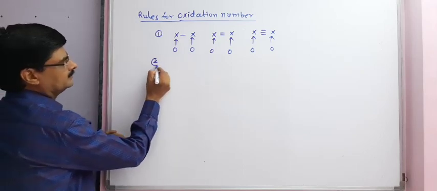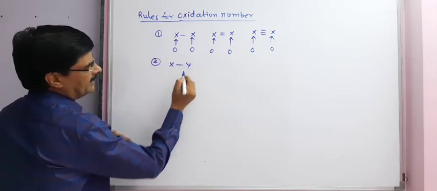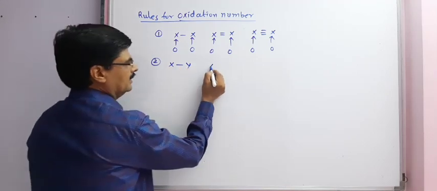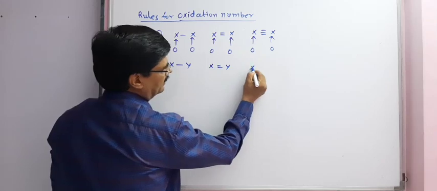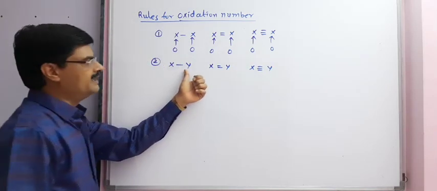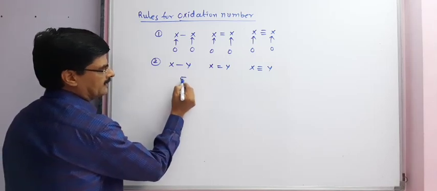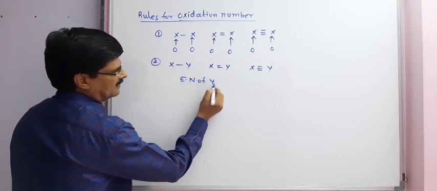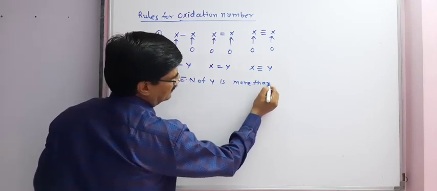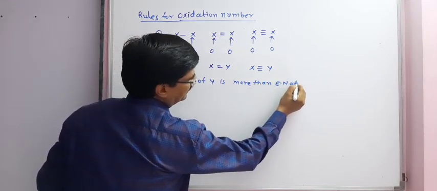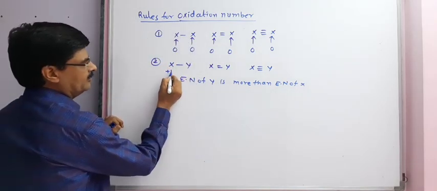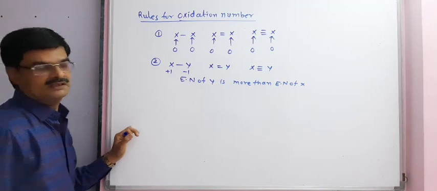Second point, if we have an X covalent Y bond, meaning a single covalent bond, X double bond Y and X triple bond Y, say the electronegativity of Y in all three cases is more than the electronegativity of X. Then X will get positive 1 and Y will get negative 1.